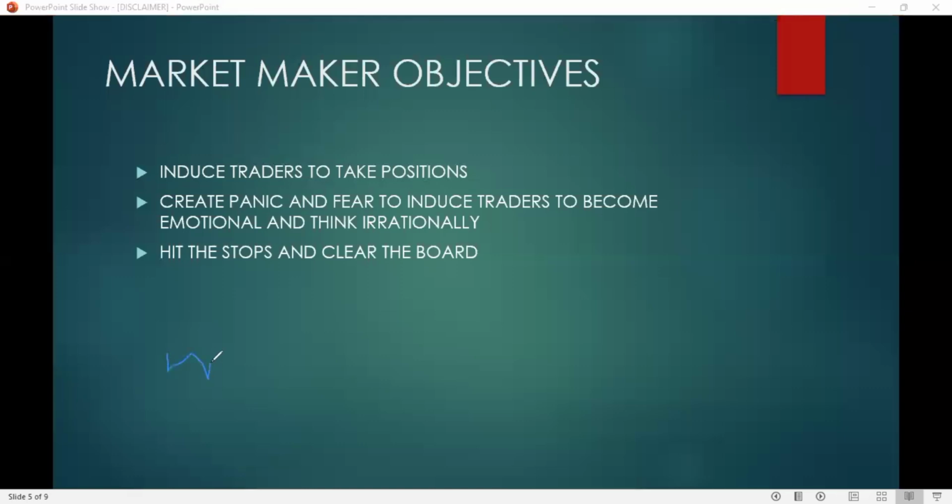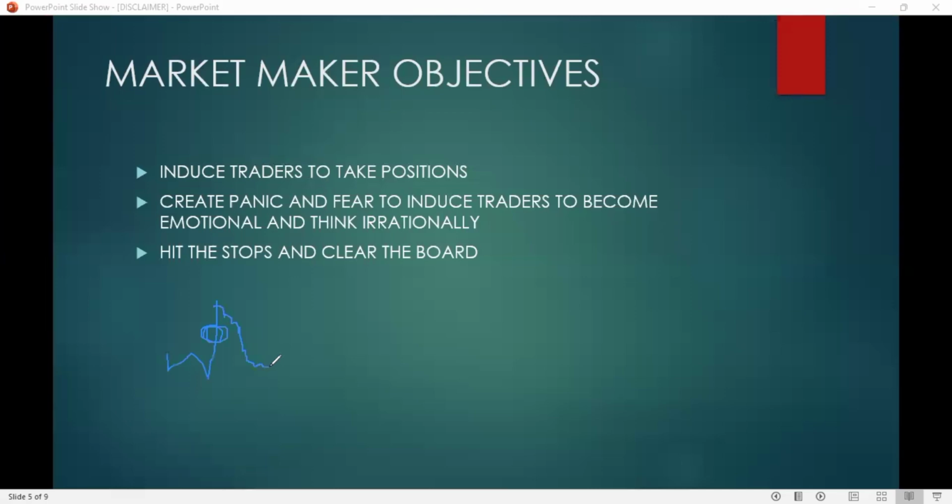You predicted that the market was going to go up, but somehow this is where you placed your trade. Now the market maker would try to do something to shake your trade, to stretch you to a limit, so much so that you start getting margin calls.